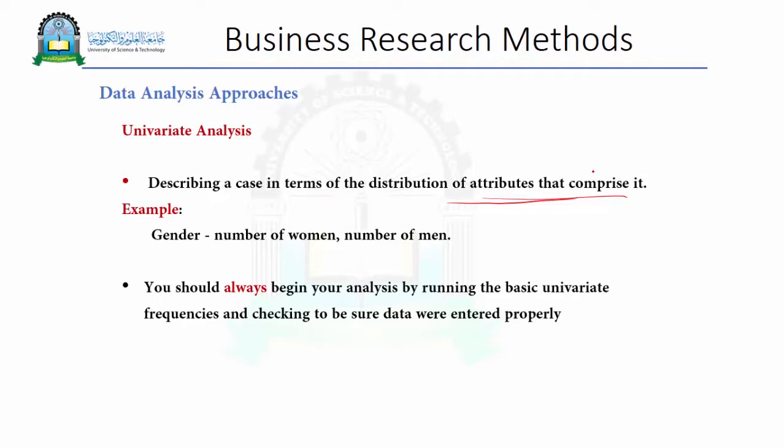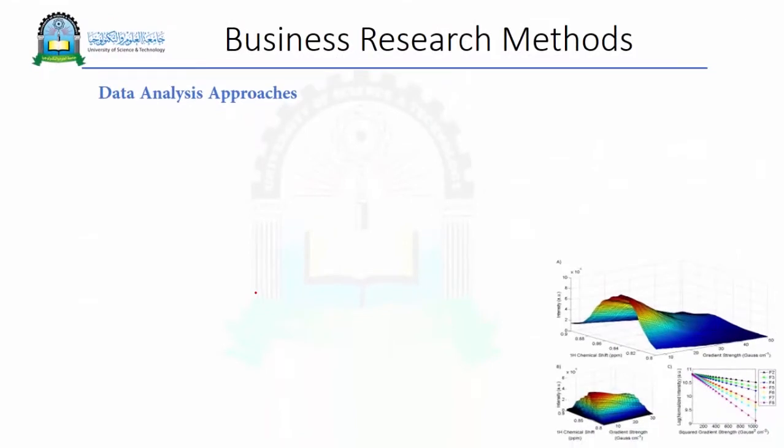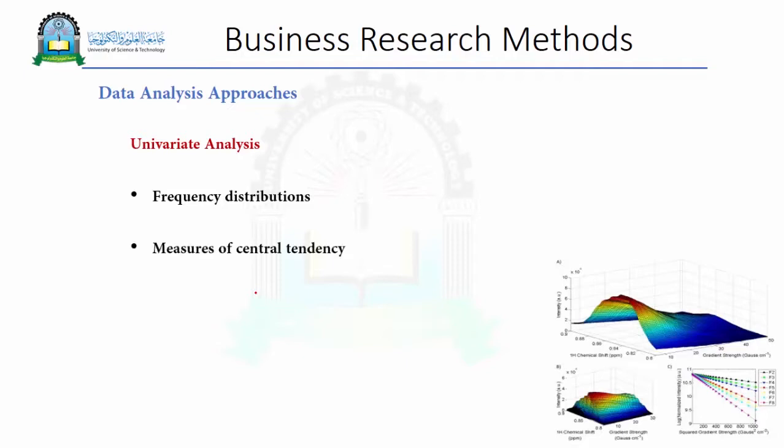You should always begin your analysis by running the basic univariate frequencies, and then checking to be sure data were entered properly. So the frequencies, the means, the averages, a lot of descriptive analysis is used here for univariate analysis.